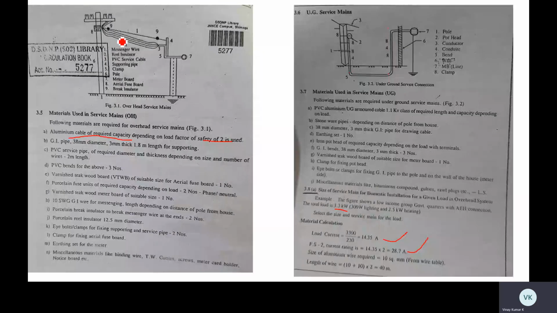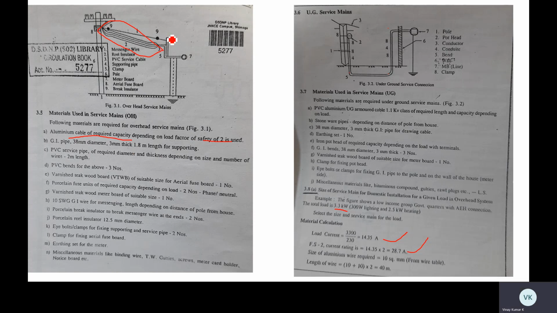See here, this is the 20 meter length. And for taking the connections from the service main to the fuse board, he has given 1.8 meter length for supporting.